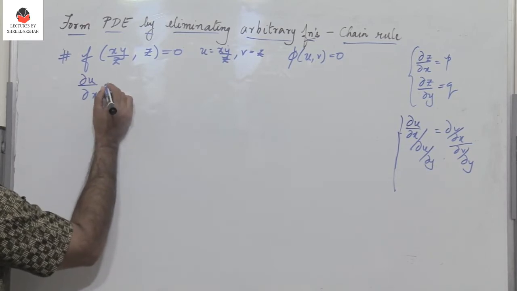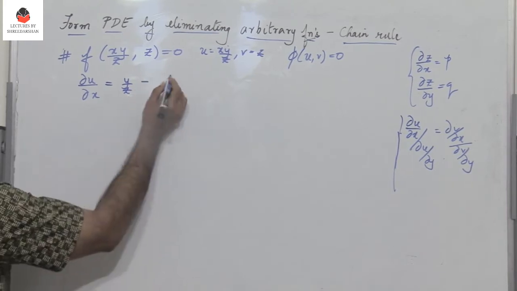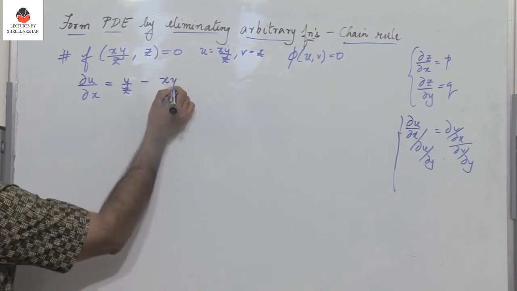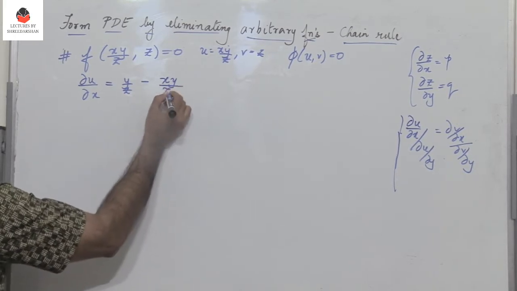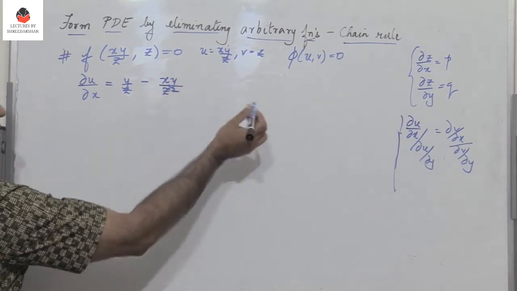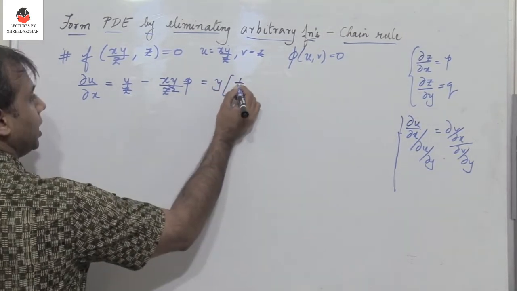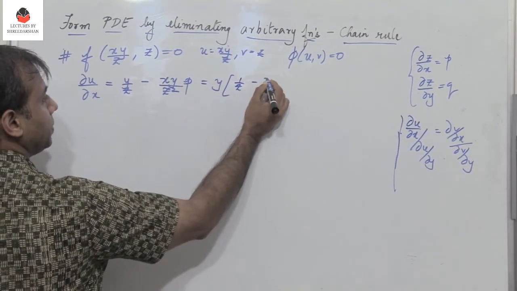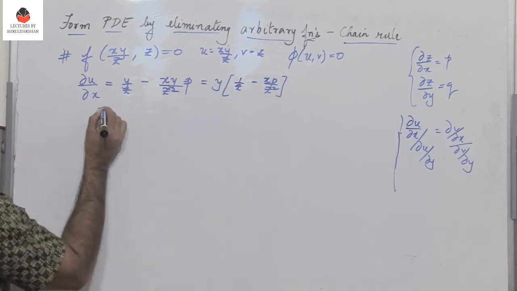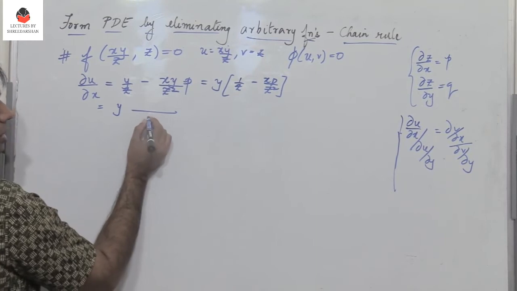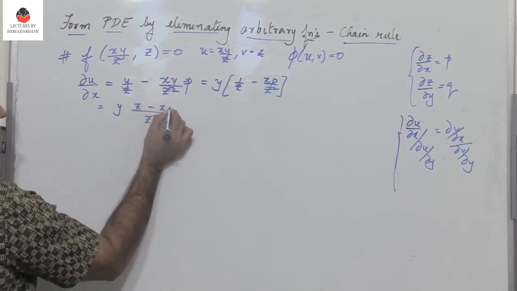So you have y by z into differential of x is 1 minus xy into differential of 1 by z is minus 1 by z square into del z by del x, which is p. So take y common, we have 1 by z minus xp by z square. So if I take z square common here in the denominator, you get z minus xp.